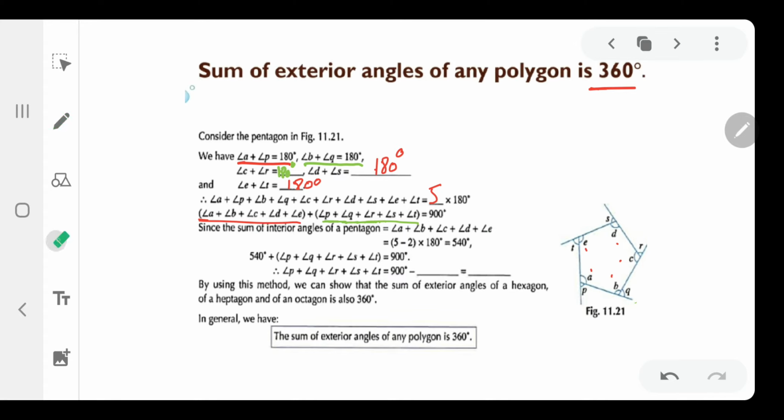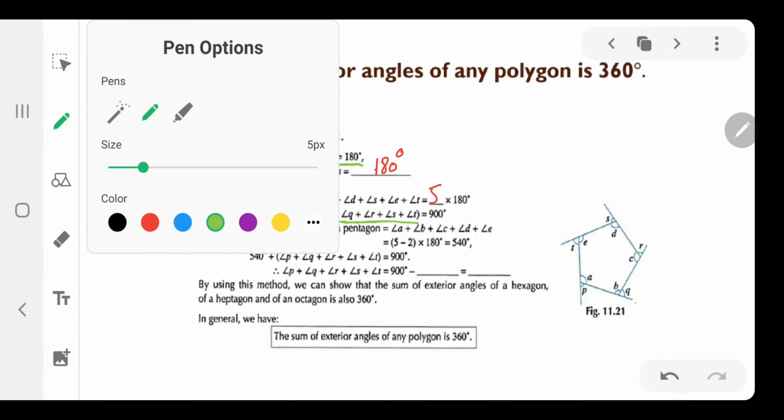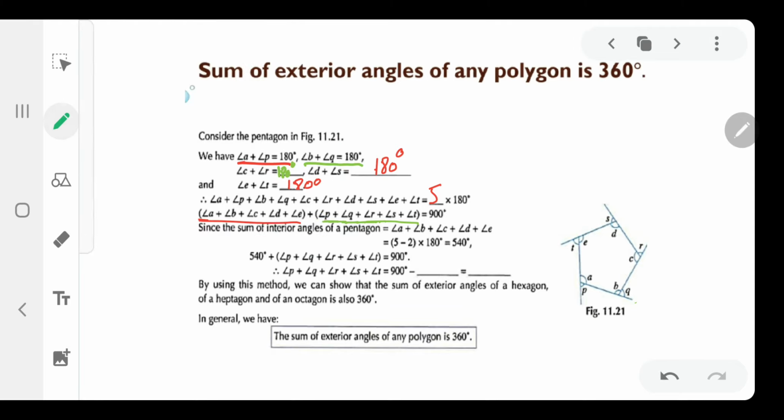In the previous lecture we discussed a formula to calculate the sum of interior angles of a polygon. We will use the same concept here. The formula we developed was n minus 2 multiplied by 180 degrees.